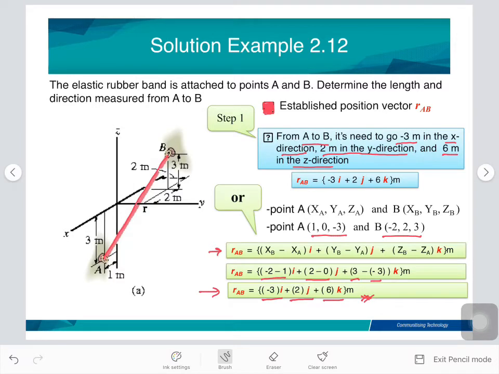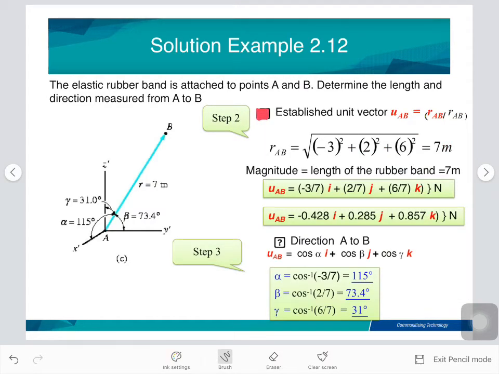So that is why the position vector RAB is equal to negative 3I plus 2J plus 6K. Next, we want to determine the magnitude of RAB.